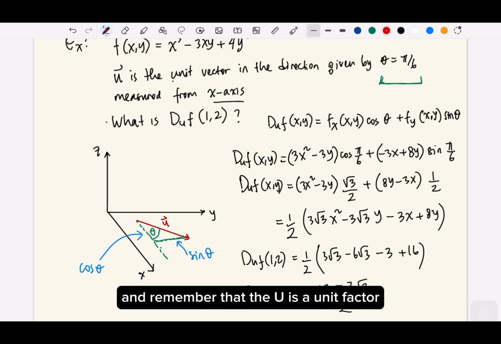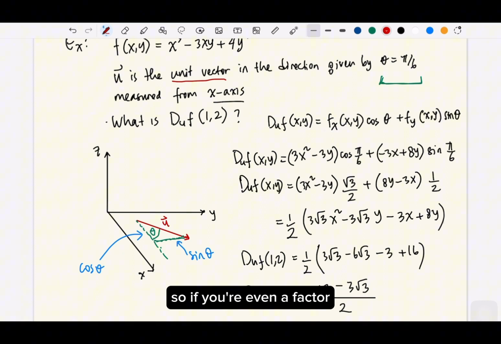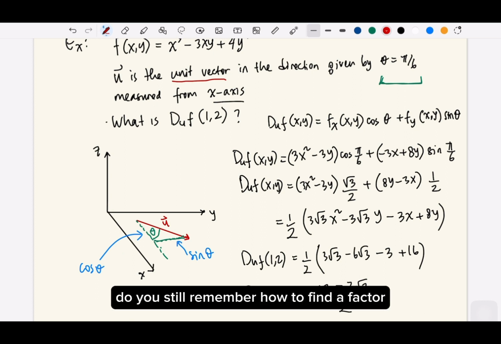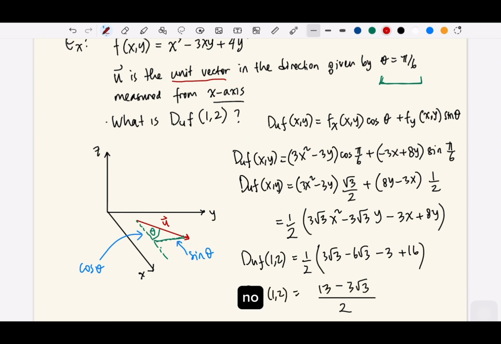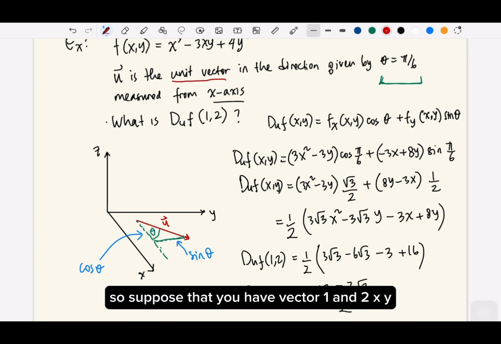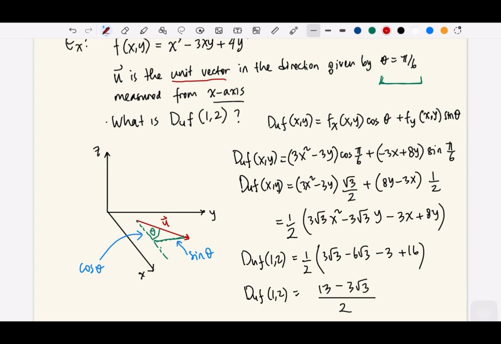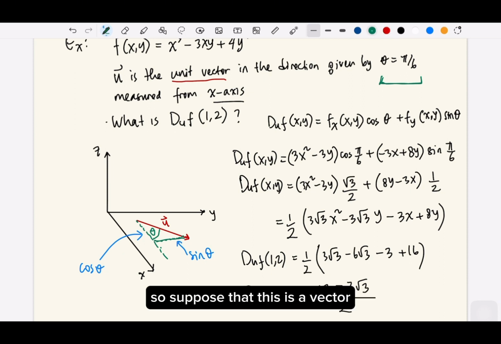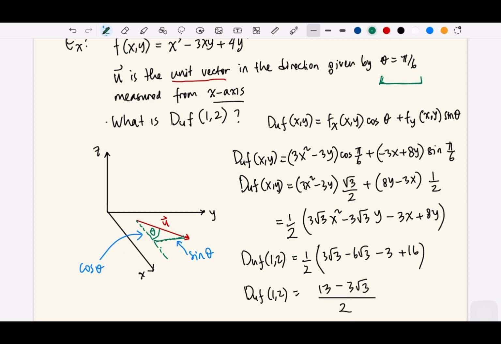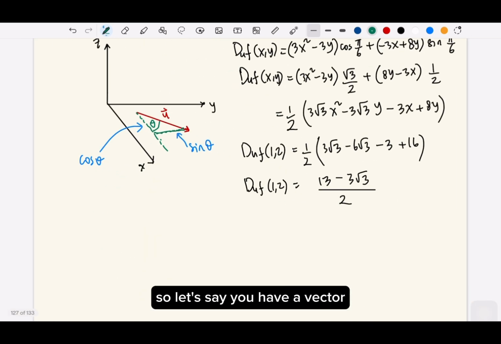And remember that u is a unit vector. You need to define it. So if you're given a vector, then you need to find the unit vector. Do you still remember how to find a unit vector? Basically, suppose that you have a vector (1, 2), x, y.